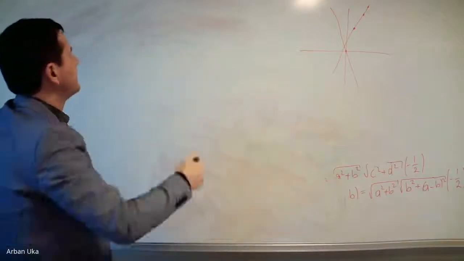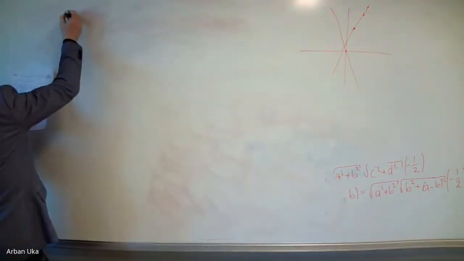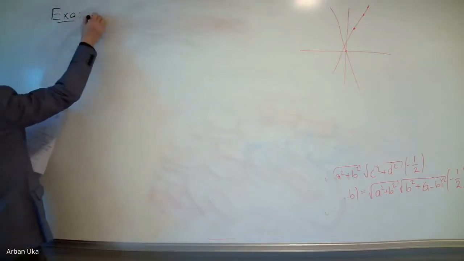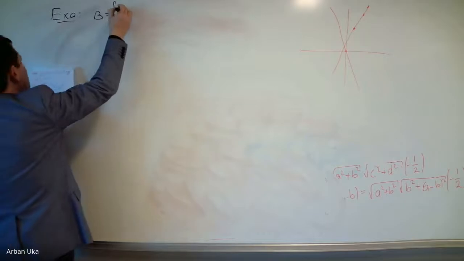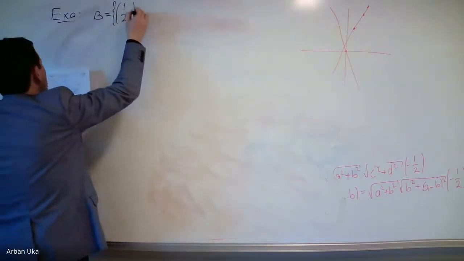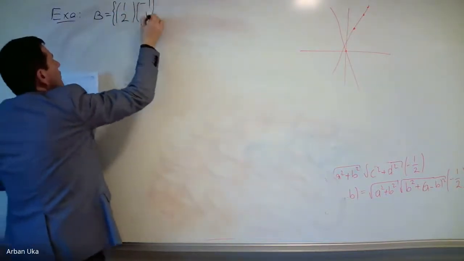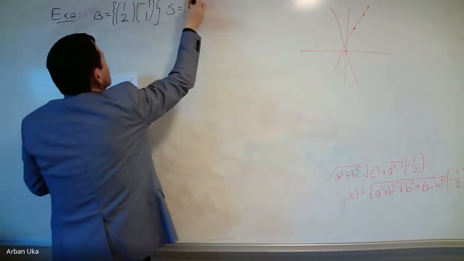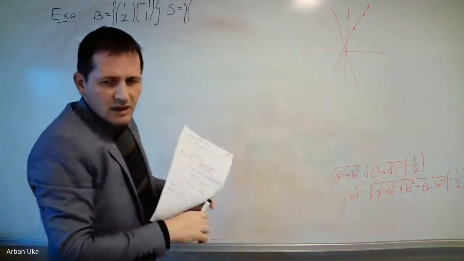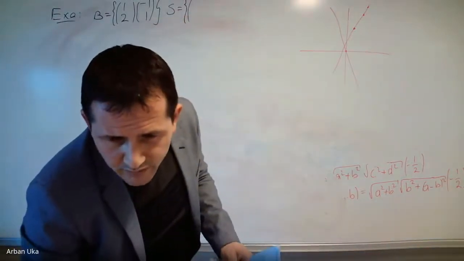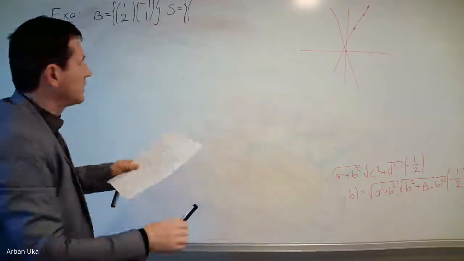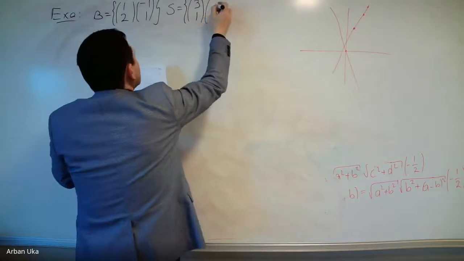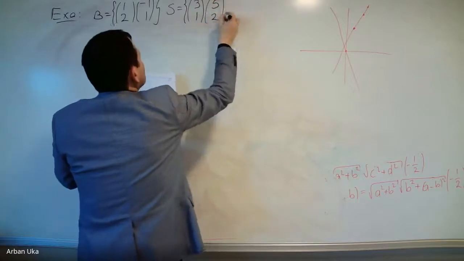So, again, let's assume the exercise is the following. So, the example: if we have a basis B, which is composed of the vectors 1, 2, minus 1, 1, this is one of the bases, and then we have also a basis S, which is, and I want Arkea to help me with the next answer. Arkea, so be aware, we have here 3, 1, and 5, 2.